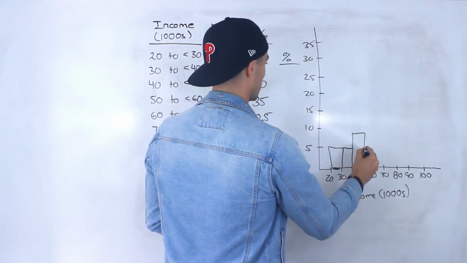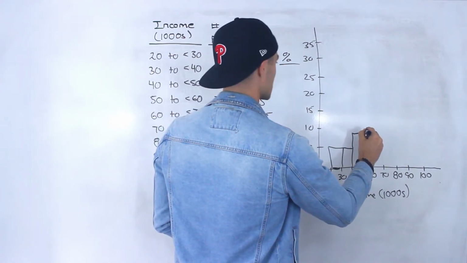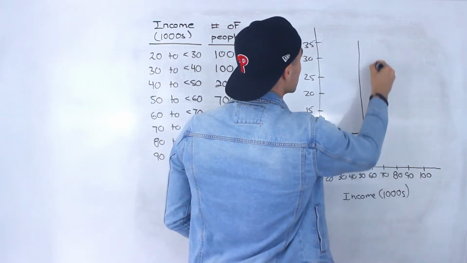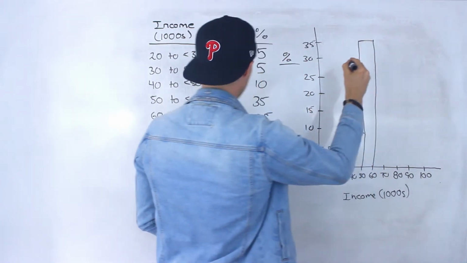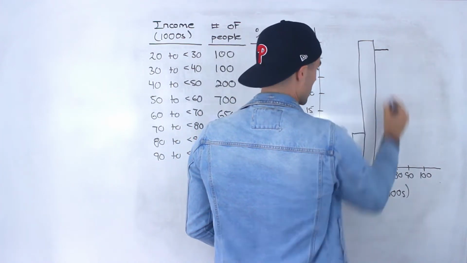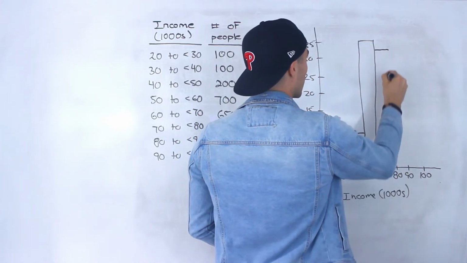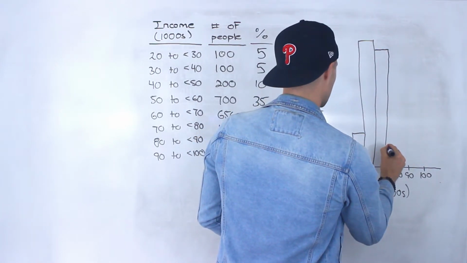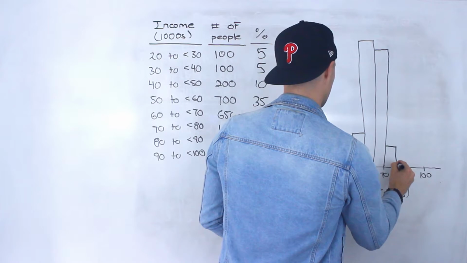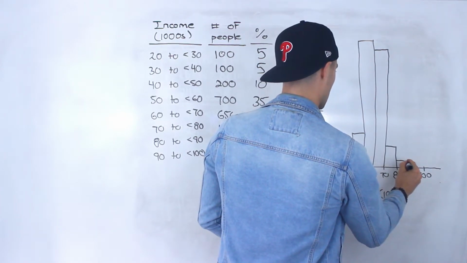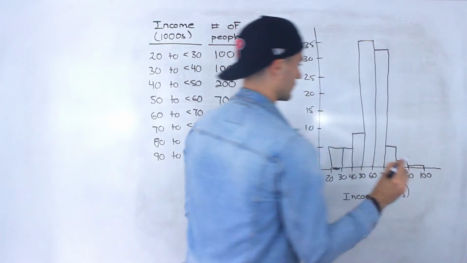And then we'll have 35 to 50 to 60. So that's going to be all the way up here. Try to keep this as straight as possible. 60 to 70, 32.5. So that's going to be like right there. And then we'll have 7.5, which would be over here. And then we'll have 3.5. And then we'll have 1.5, like that.